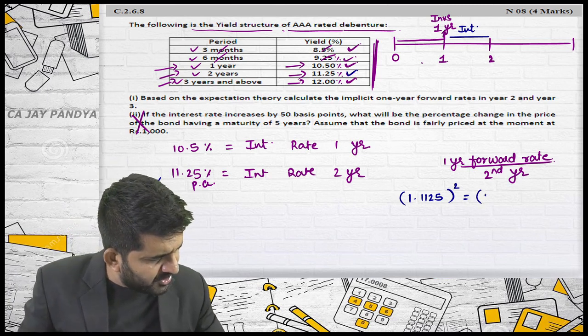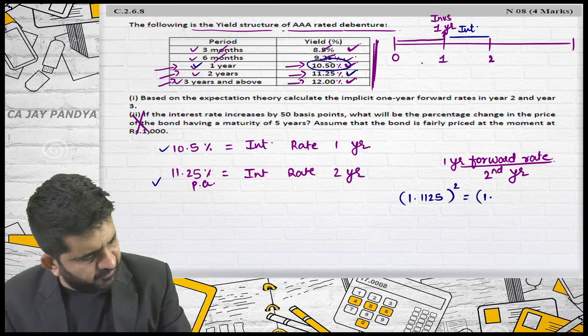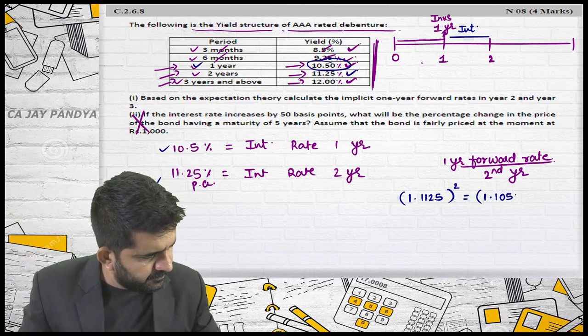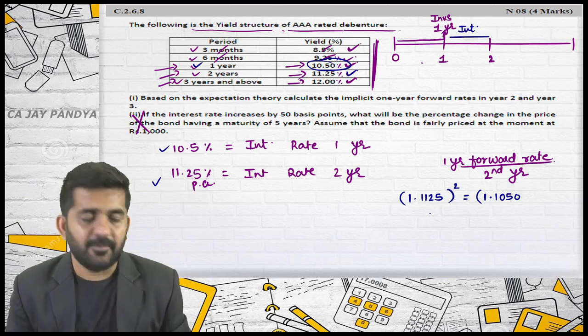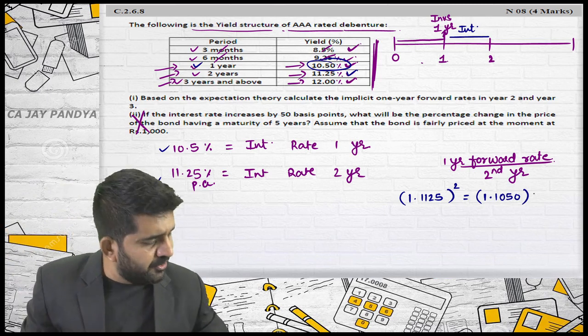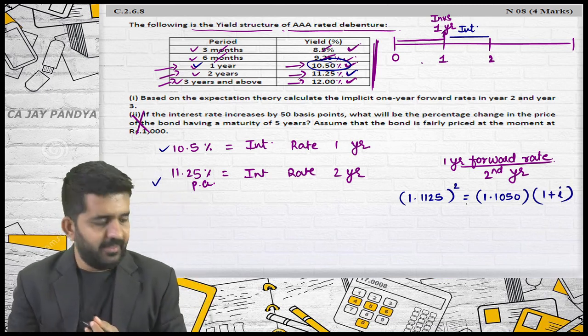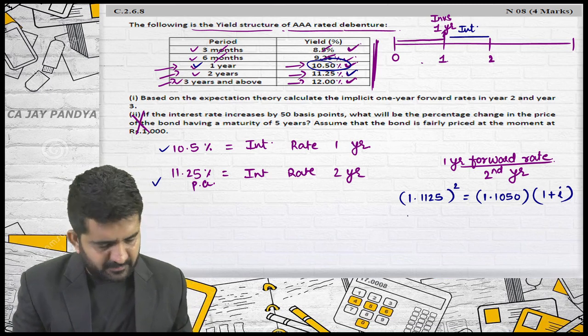So if I invest 1 rupee for 1 year, which rate will be applicable? 10.50%. In the second year, what interest rate will I be getting? I don't know, 1 plus I. I will be solving this.